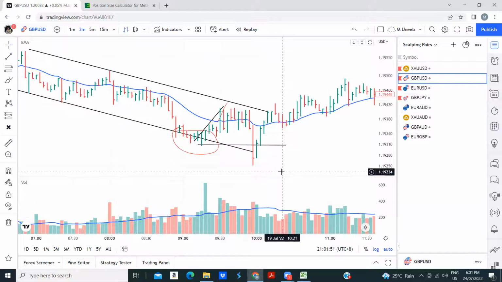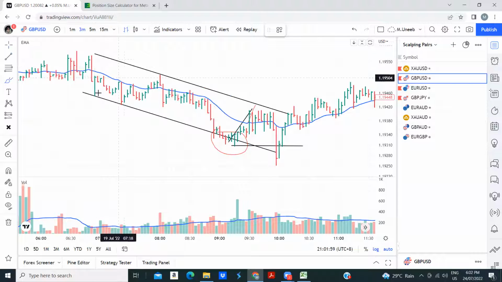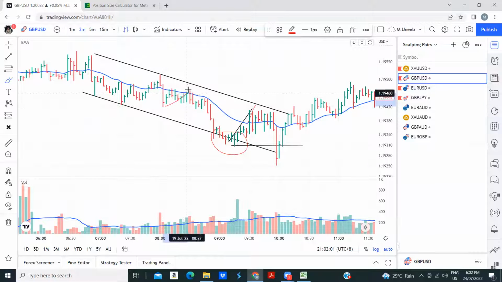So you have to think about whether you have to readjust the channel or not by seeing the scenario. For example, when do we have to readjust the channel? This is a channel and I see the price goes up here and then reverses here and falls down without any cost. Now, this data point is outside the channel. Am I right? So I have to include this. Now I have to draw the channel from this point or this point or this point, whatever the suitable condition is, like this.